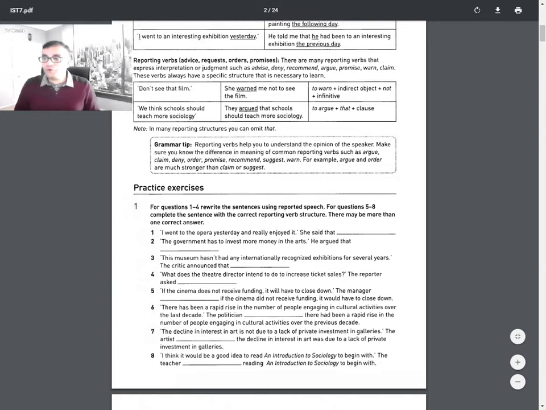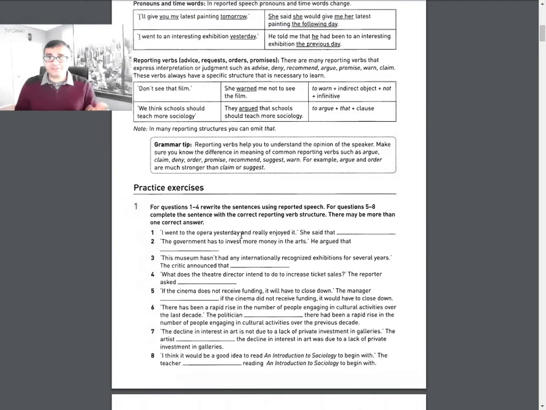Now, if we go for exercise 1: I went to the opera yesterday and really enjoyed it. Now, this is reported speech. She said that, what? I'll give you a few seconds. If you notice that, and if you're okay with it, we will continue.